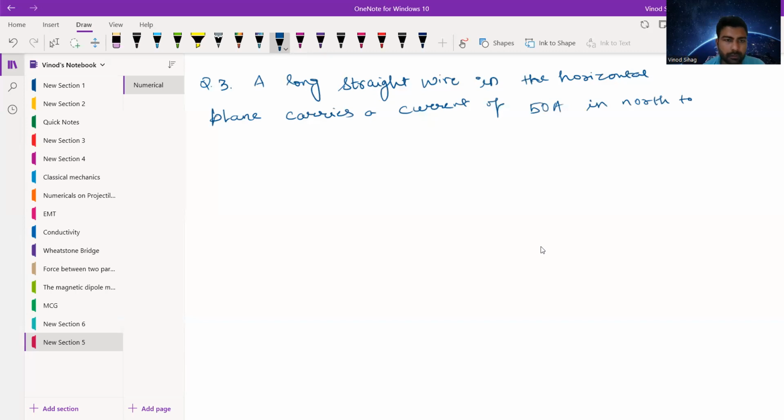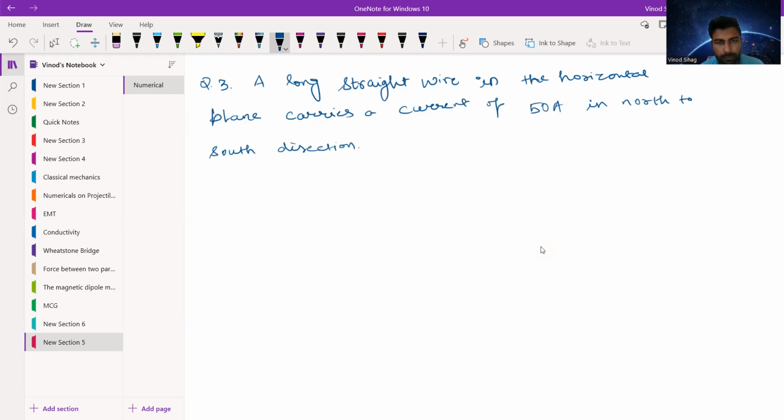And what is the magnitude and direction of the magnetic field, they are asking.